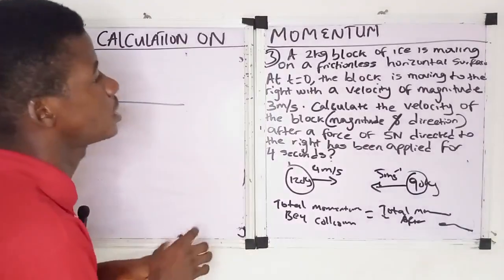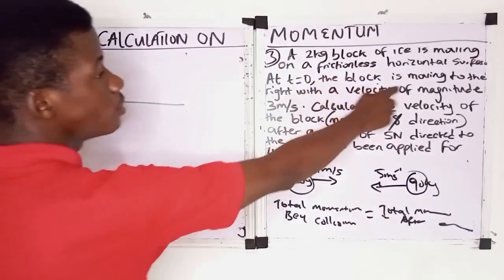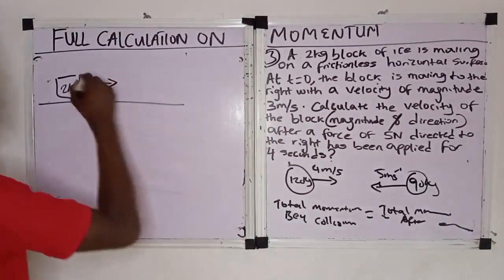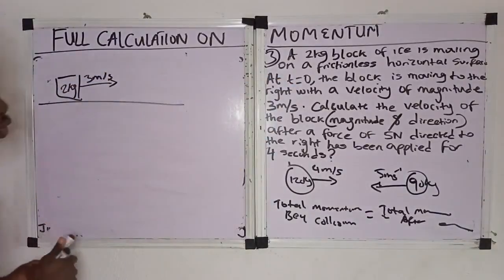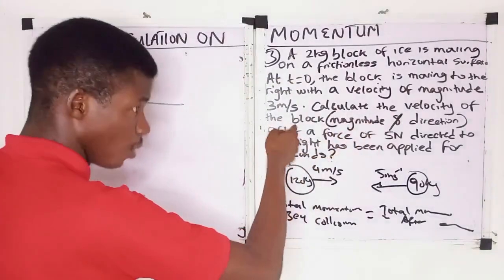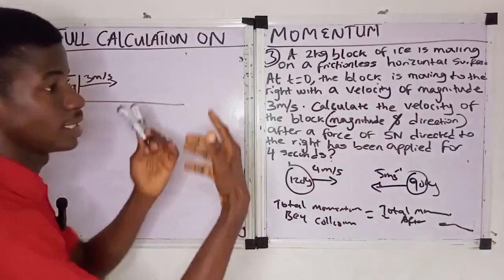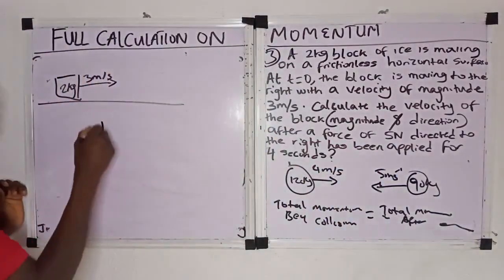At time 0, the block is moving to the right with a velocity of 3 meters per second. The mass of the block is 2. Calculate the velocity of the block after a force of 5 Newton directed to the right has been applied for 4 seconds. Now let's say this is the ball.